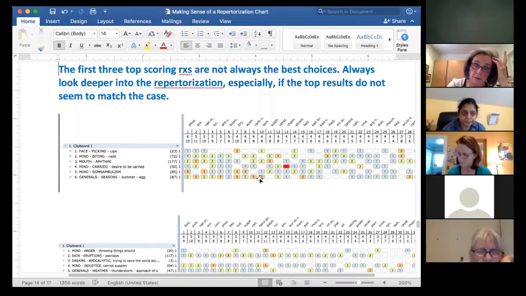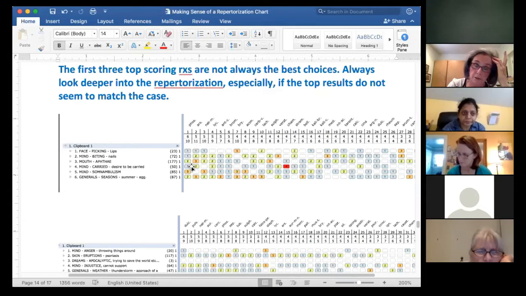And it's just not the case. Sometimes you have to look deep into a repertorization, because it's all going to depend on what you've put in here. This is just the results. This is just adding up of what you've put in here. So what you put in is critically important to what you're going to get out.